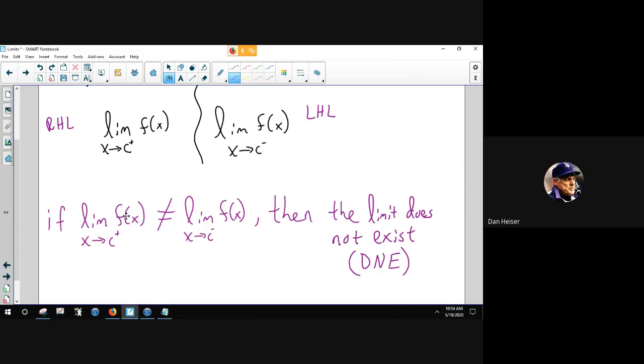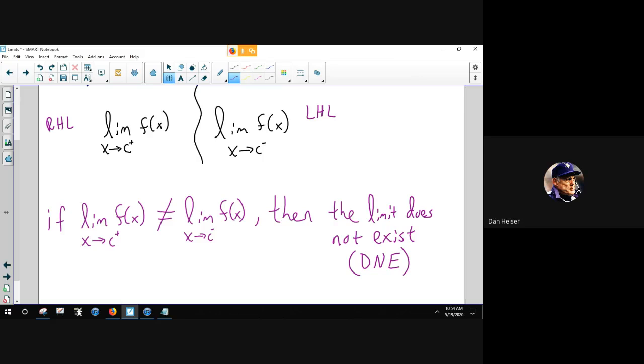If the right-hand limit is not equal to the left-hand limit, then we say that the limit does not exist. When the two sides agree, then we have a limit of the function at that value.